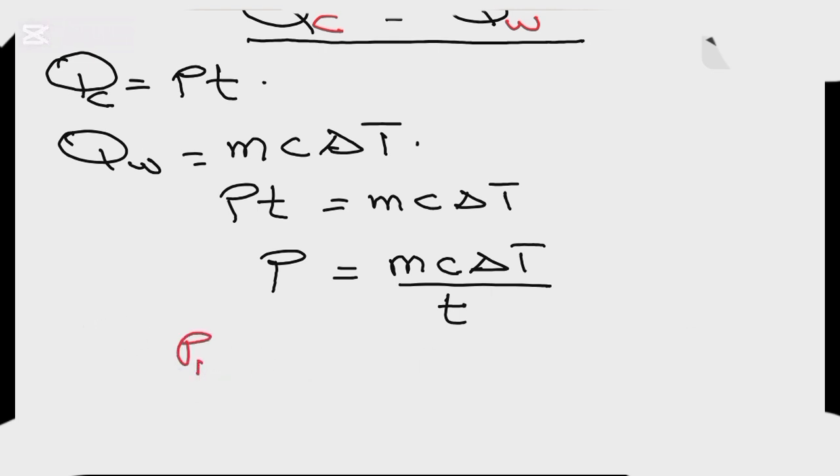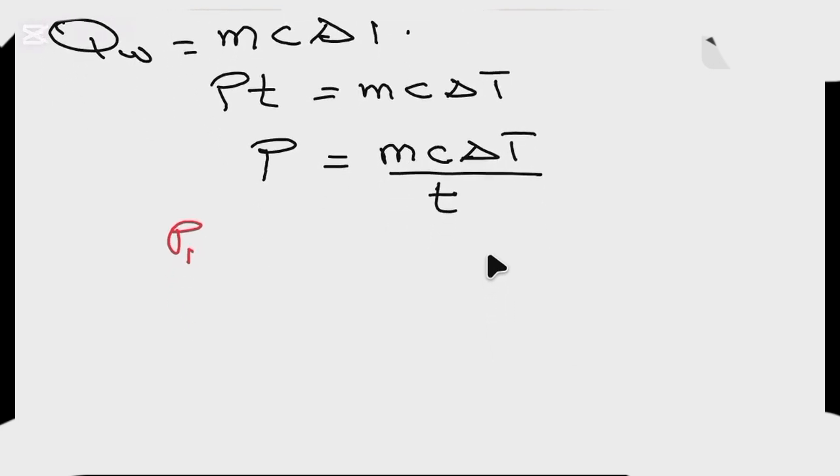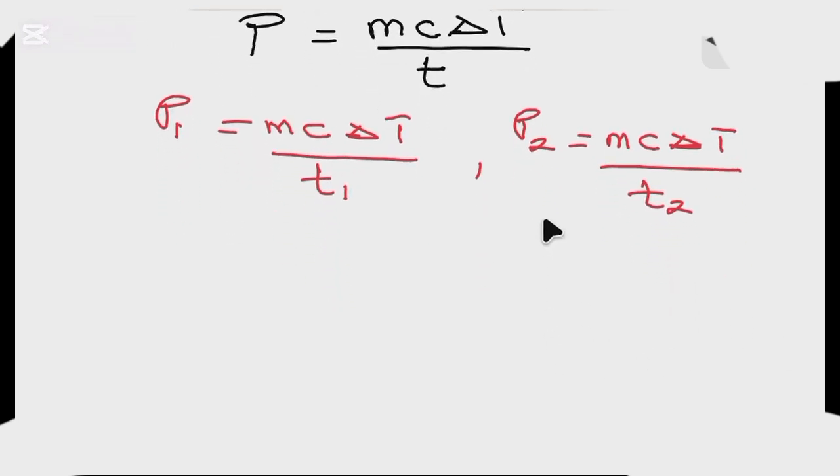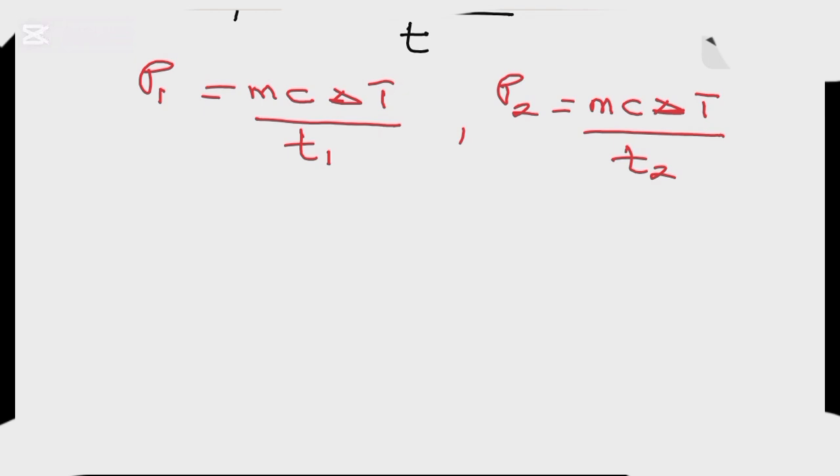P1, that is the power when Y is in the system, would give us MC delta T, all divided by the time when Y was in the system, that is T1. Likewise, we can find our P2, which is equal to MC delta T, all divided by T2, that is the time when Y was not in the system. So let's find these two. Basically our job is done.